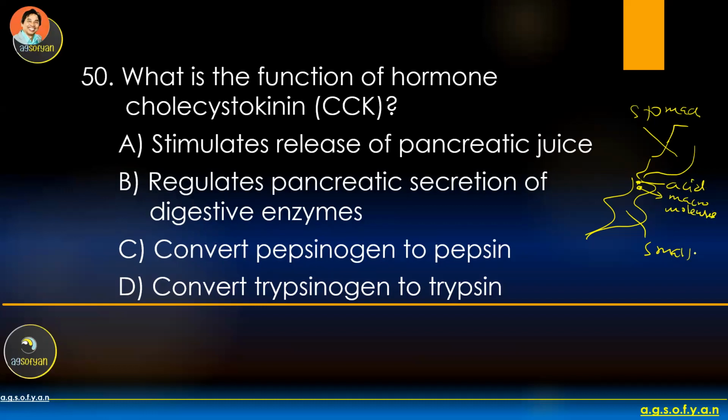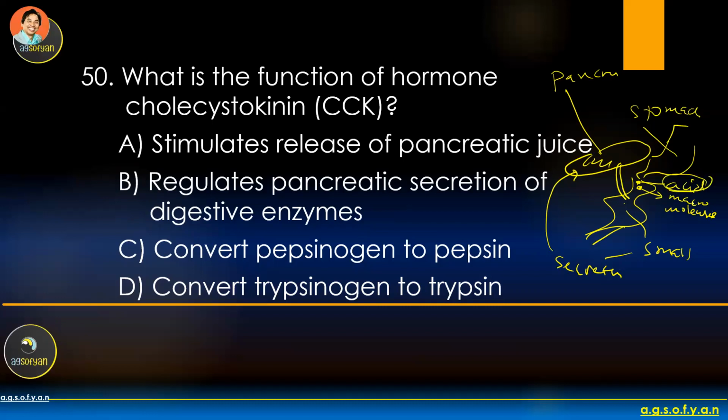So the small intestine will produce secretin, and then secretins will go to pancreas, and then pancreas will produce the sodium bicarbonate. It will be released into the small intestine to neutralize the acid from stomach, right?